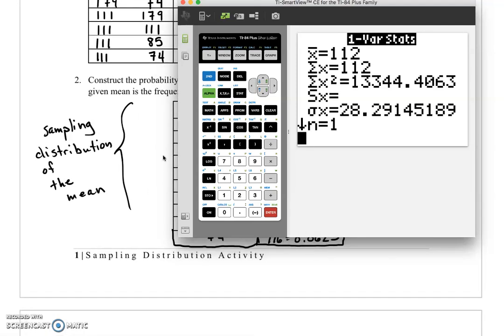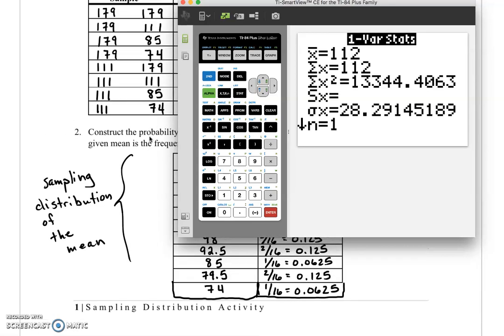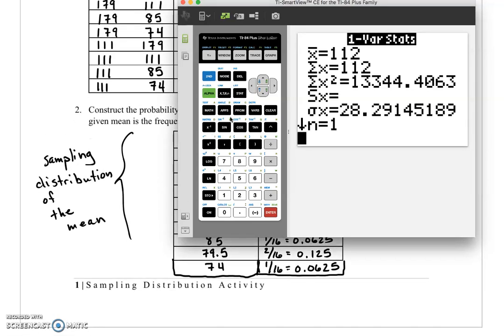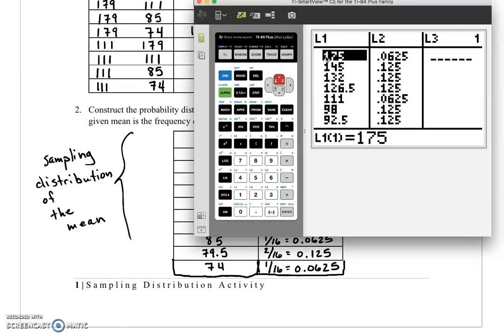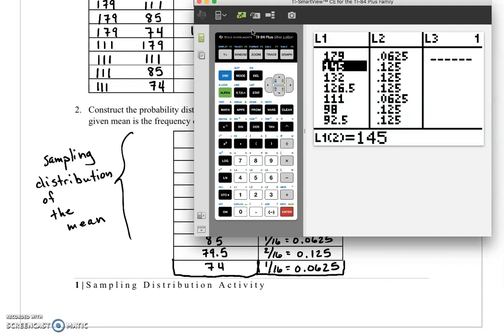I must have mistyped something because our X bar should have worked out to be the same. So let's go see what I mistyped. Okay, you can see here that I typed my first entry wrong. It should have been 179 instead of 175. I'm just going to fix that by typing back over it.